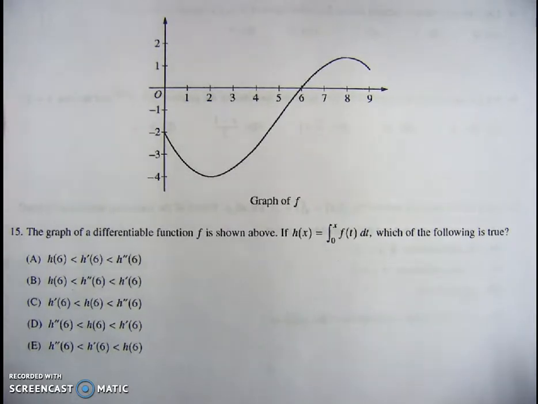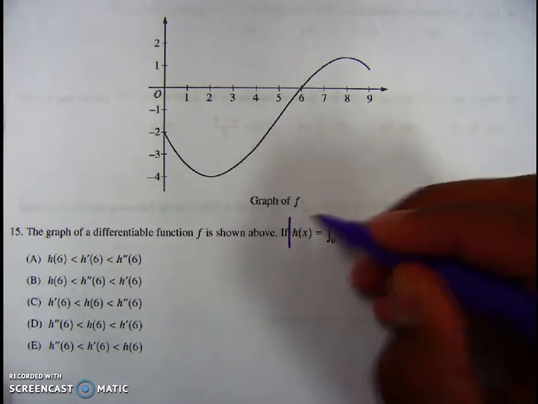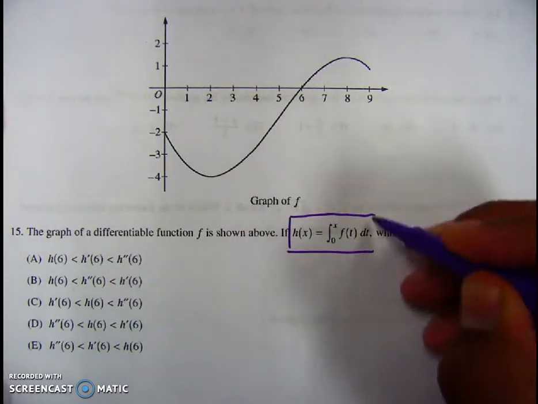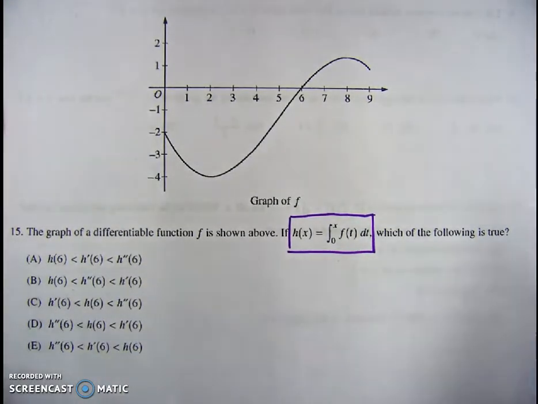So one thing that should be a given here is that you should calculate h of 6, h prime of 6, and h double prime of 6. Okay, and here's the key.